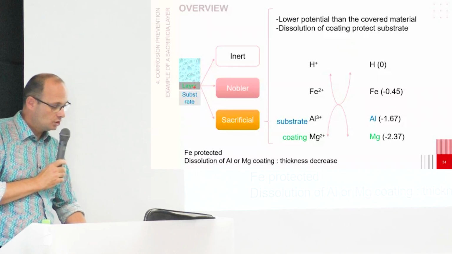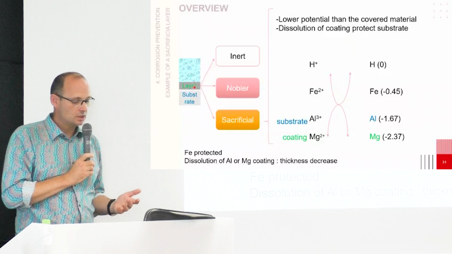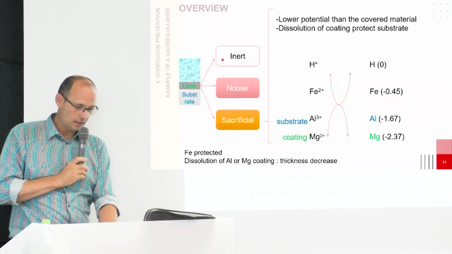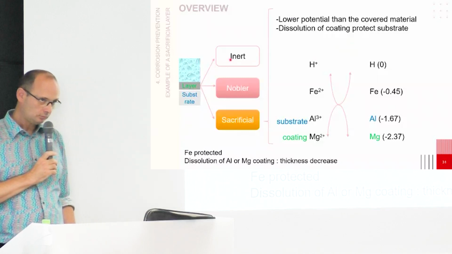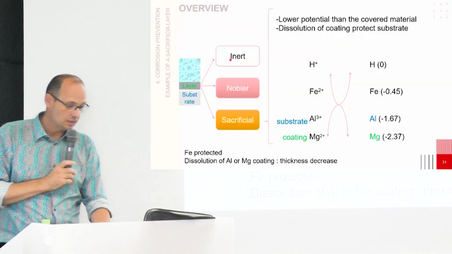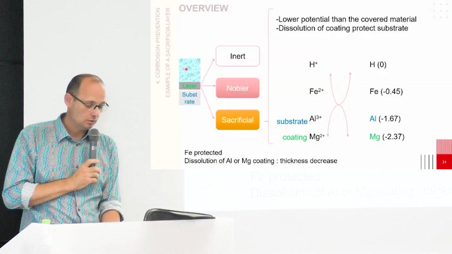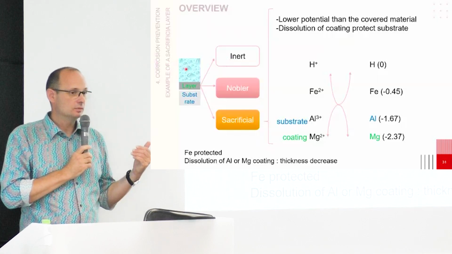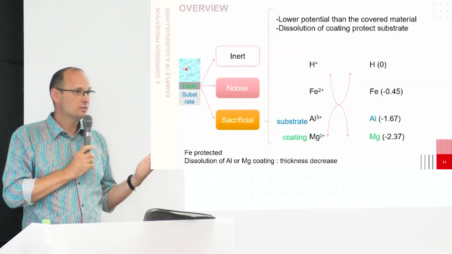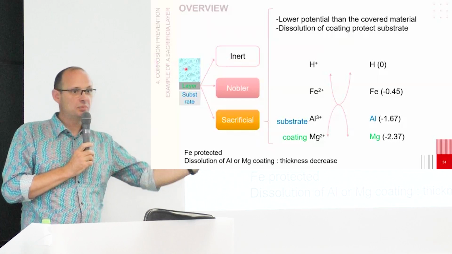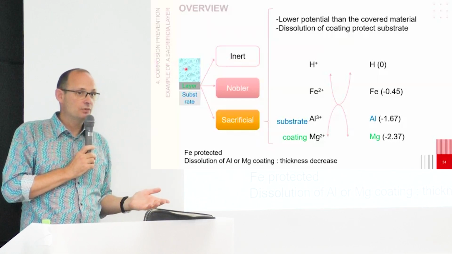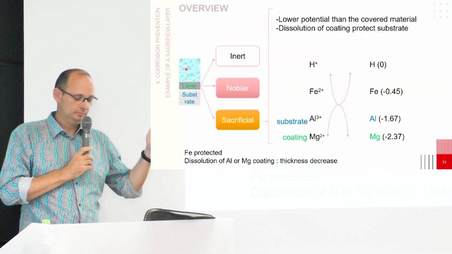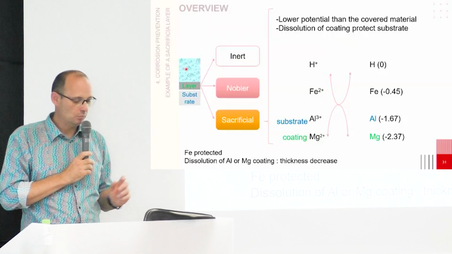I have three ways to select a coating. I can select an inert coating. Inert means that it doesn't react with the water. If you remember what I said before, some elements like gold and platinum are suitable for such application. You may need to be rich to apply them.